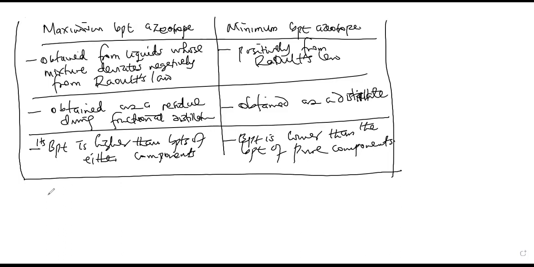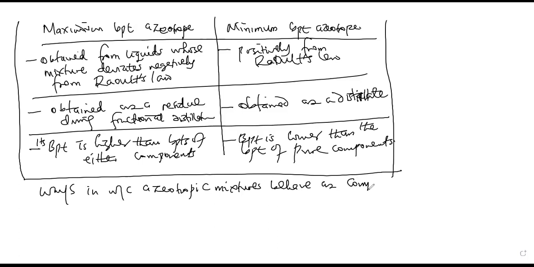Ways in which azeotropic mixtures behave as compounds or pure substances.